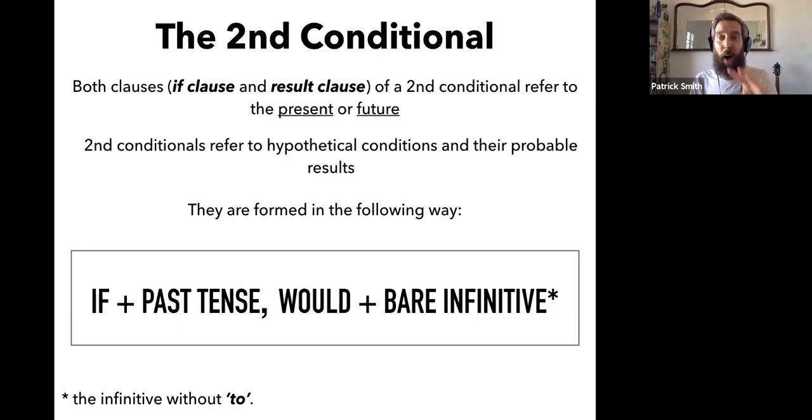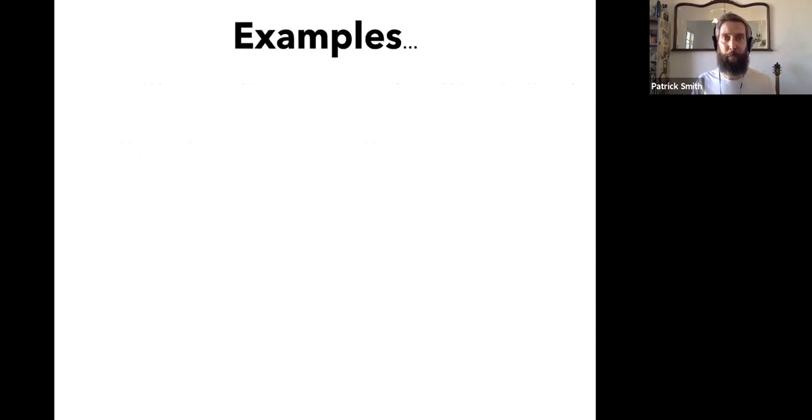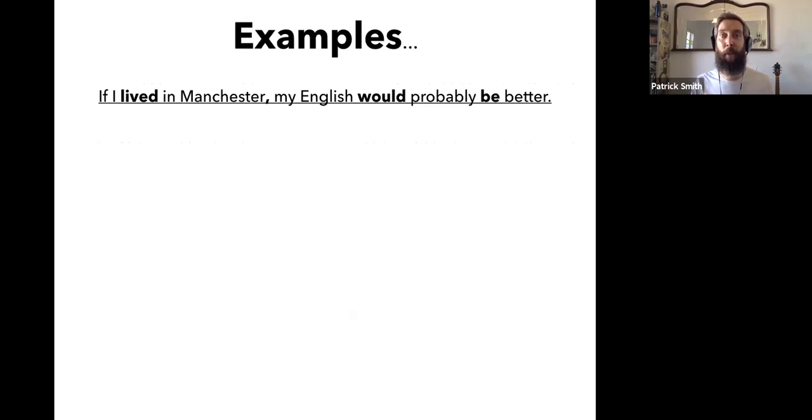So now I would like to take a look at a few examples that I think are quite instructive in terms of using a second conditional. The first one, I think, is just a nice, clear example. Si viviera, if I lived in Manchester. So you see the past simple tense.